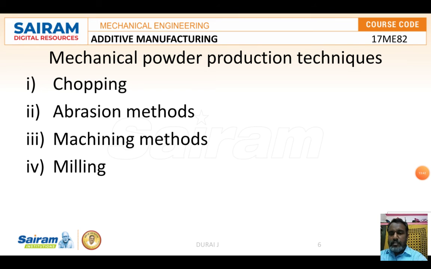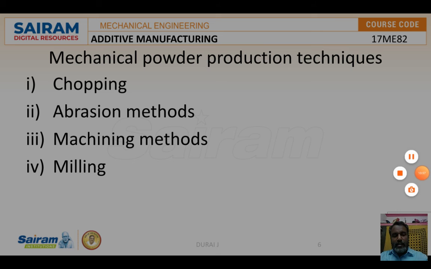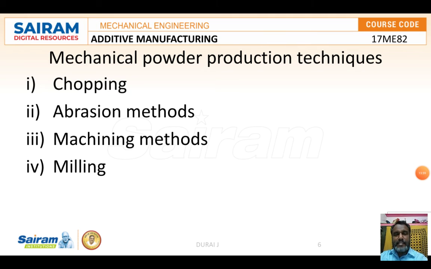The next one is the abrasion method. It is also called the rubbing method. Here, in the rubbing or abrasion method, there are three methods. One is the rubbing of two surfaces, and the final one is scratching.